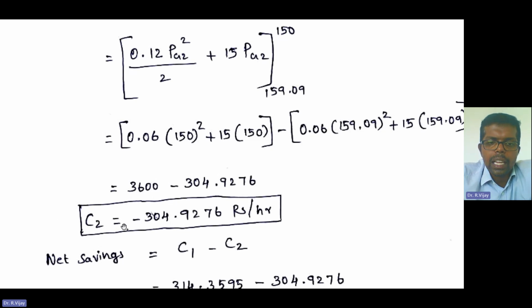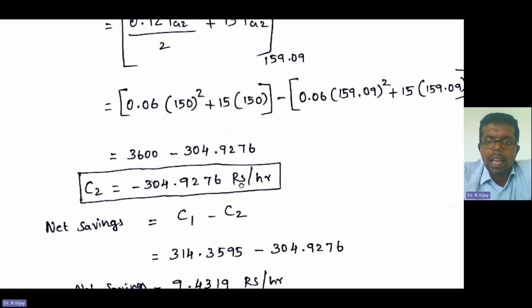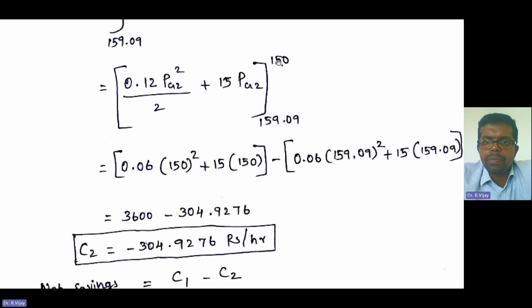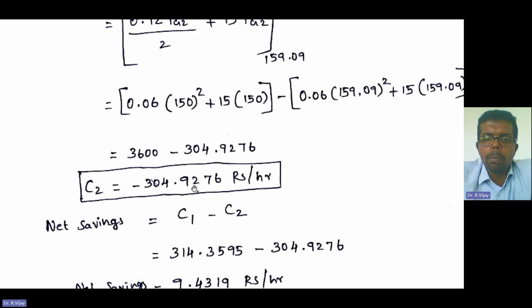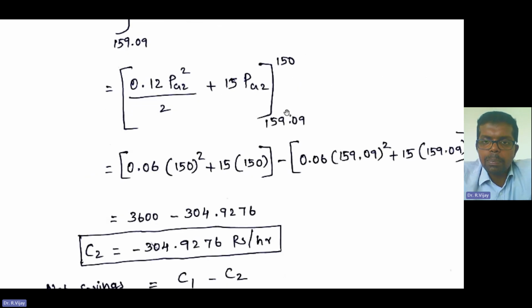Actually, 150 should usually be the lower limit; if you integrate that way, the minus sign will not come, and we get 304.9276 rupees per hour.